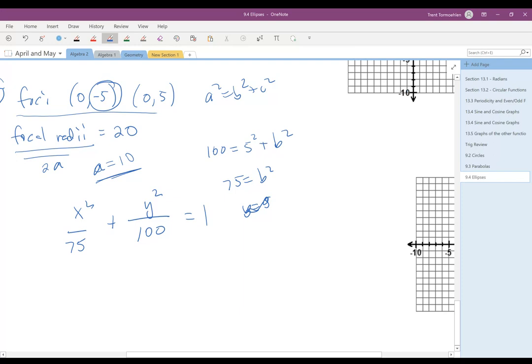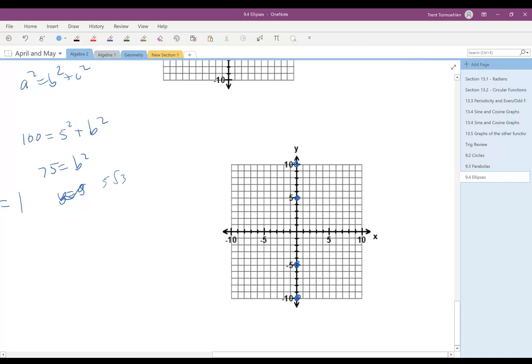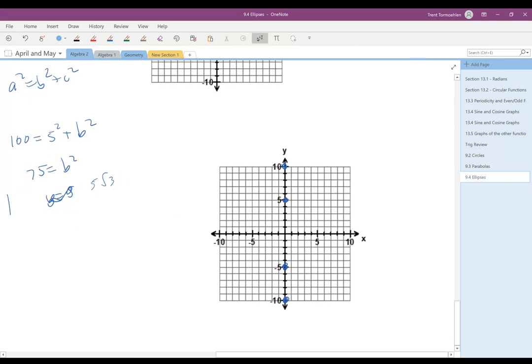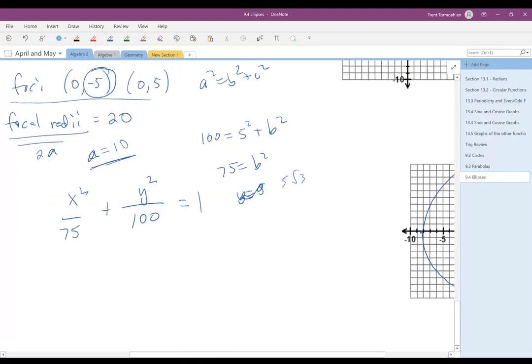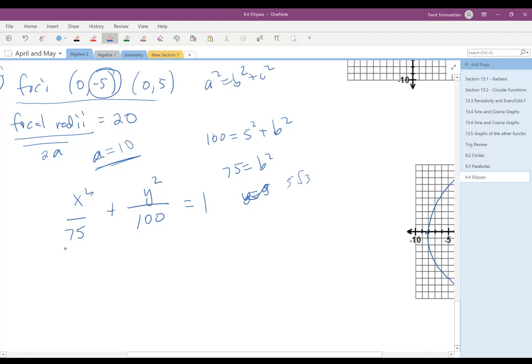B turns out to be 5 root 3. If you're asked to graph it, then you would need to come over here to 5 root 3, which turns out to be like 8.5. And so the graph of this particular one that's being described would be like this. But the equation is just going to be x squared over b squared plus y squared over a squared equals 1.